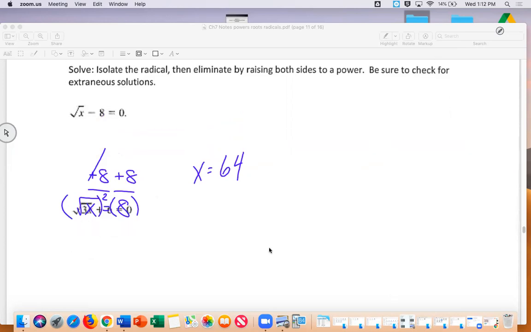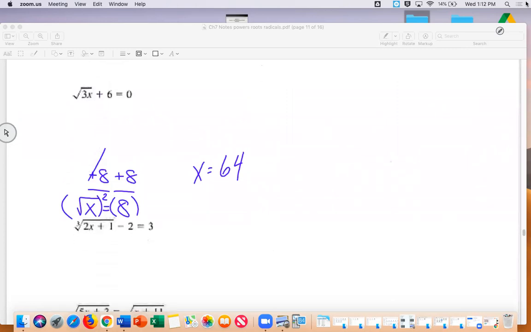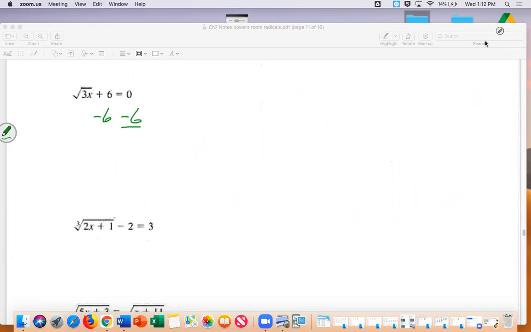Now let's look at the next one. Emily, with this one, how do I get rid of +6? So I'm going to subtract 6. And that gives me the square root of 3x equals -6.